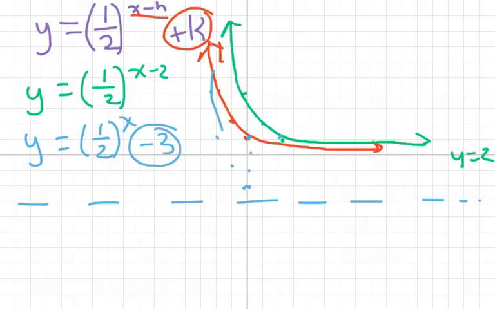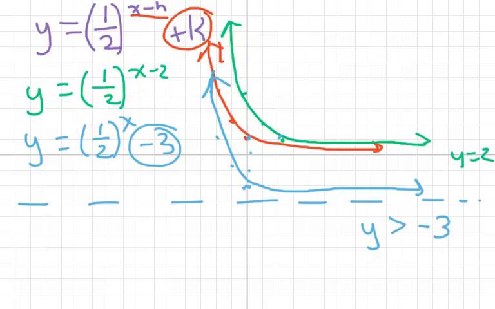So it's basically like this. That means my range changed. Instead of y is greater than 0, it's now y is greater than -3. The domain didn't change. Okay, that's all of this one.